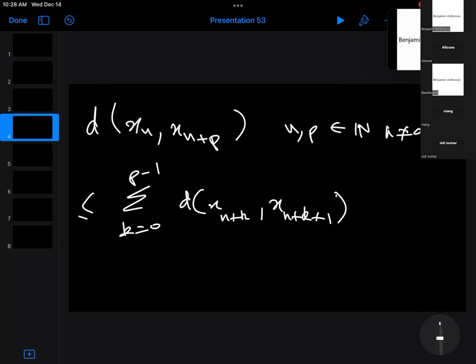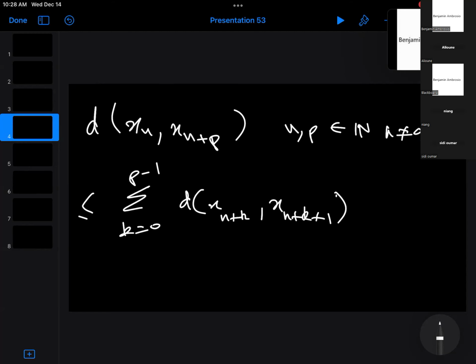This is the triangle inequality, or subadditivity of the distance. Okay, I have done nothing here. I just used the property of the distance.